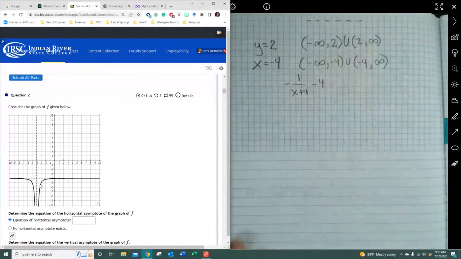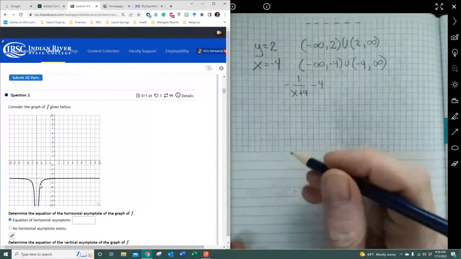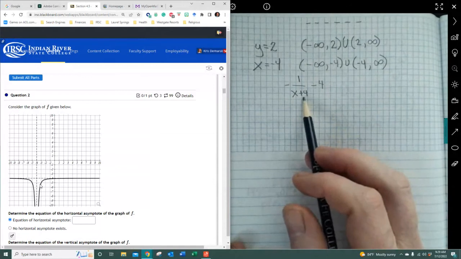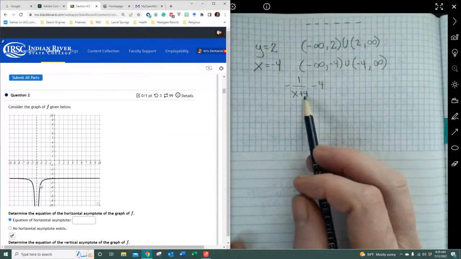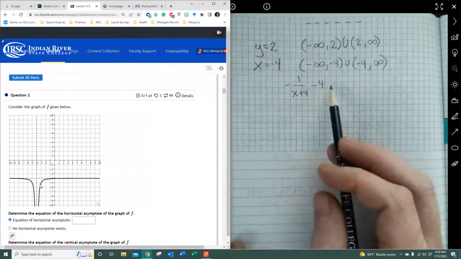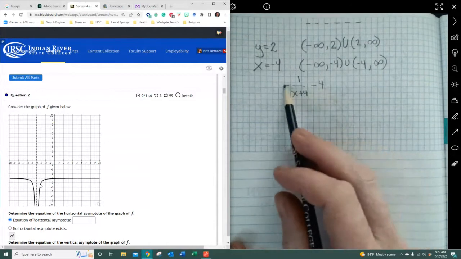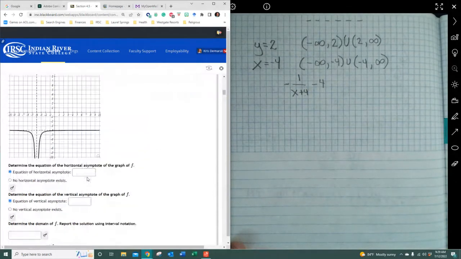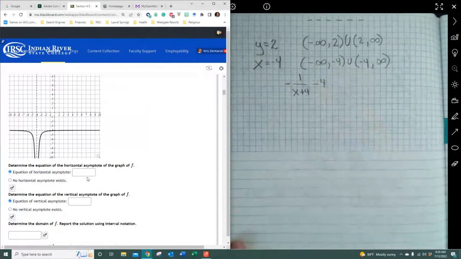The equation probably looks something like that because it moved to the left 4 units, so that's why it's positive 4. And it moved down 4 units, and then it's been reflected over the x-axis. Not that you need to worry about that.